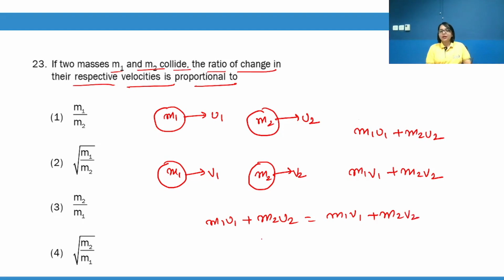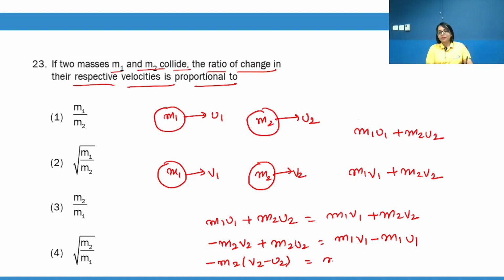So you can write minus m2 v2 plus m2 u2 is equal to m1 v1 minus m1 u1, right? So minus m2 common, so it is v2 minus u2, and m1 common, so it is v1 minus u1. So v2 minus u2 is the change in velocity of m2, and v1 minus u1 is the change in velocity of m1, right?